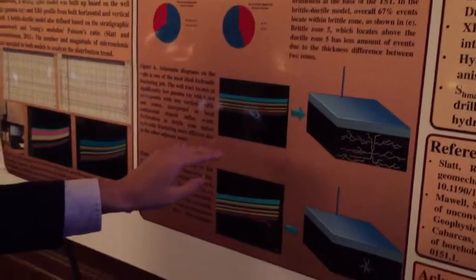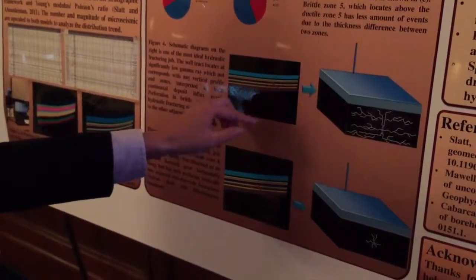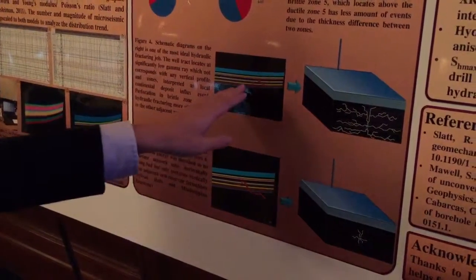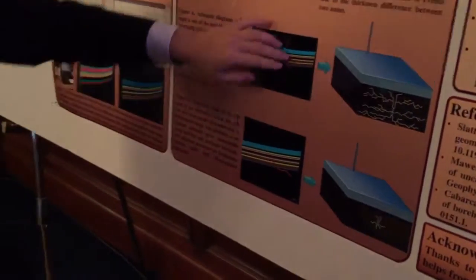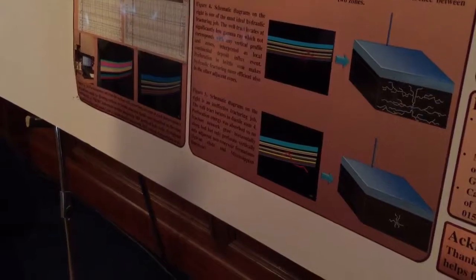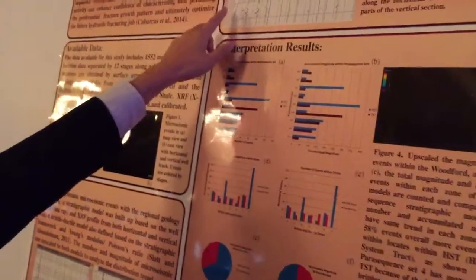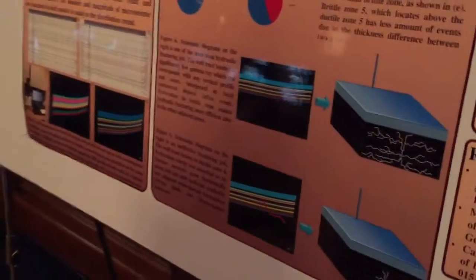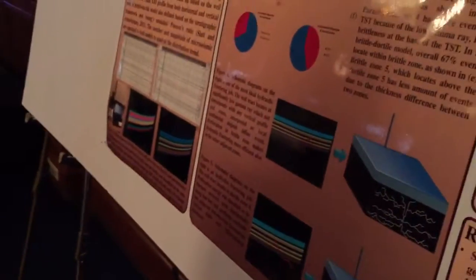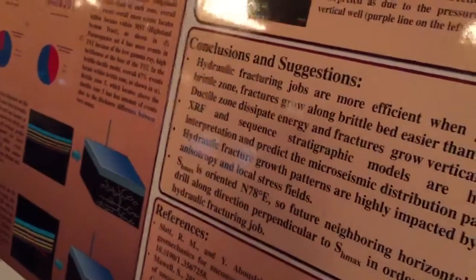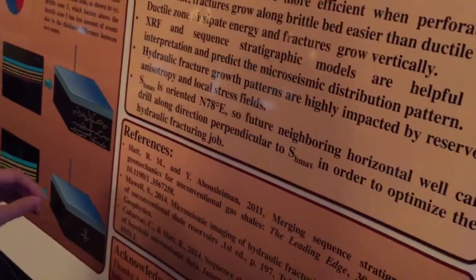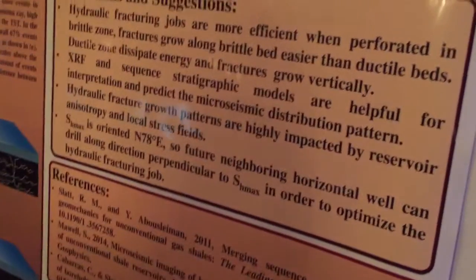In this situation, when the well track is located within the perforation zone, within a brittle zone, from this part of the XRF profile we get a very low gamma ray, and the XRF profile is briefly interpreted as a local detrital input, so we get a pretty good, high-efficiency microseismic response.